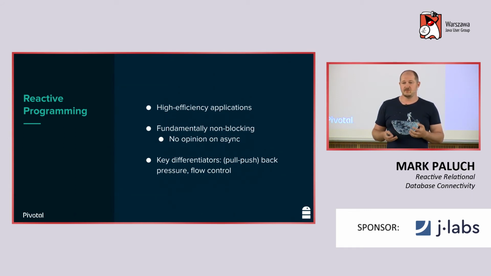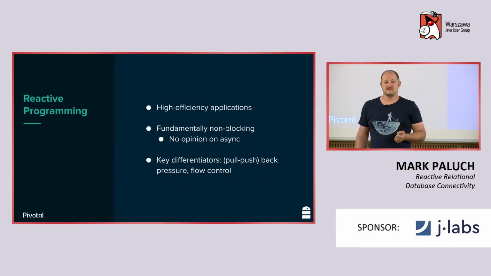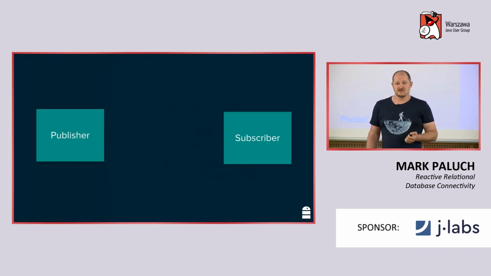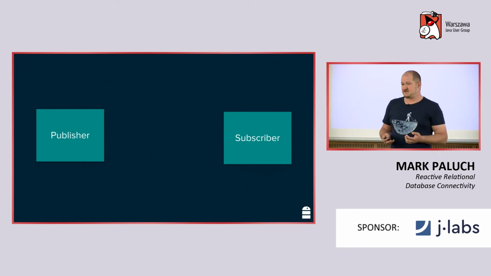So we have multiple components that talk to each other, and these components originate from the Reactive Streams specification, since Java has no baked-in reactive support. The Reactive Streams specification comes with four interfaces, but actually only two are of interest in that scope for us. And the two are, on the one hand, a Publisher, and on the other hand, a Subscriber.